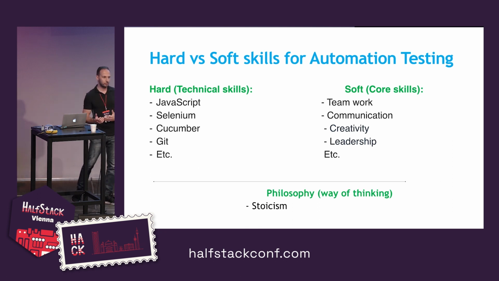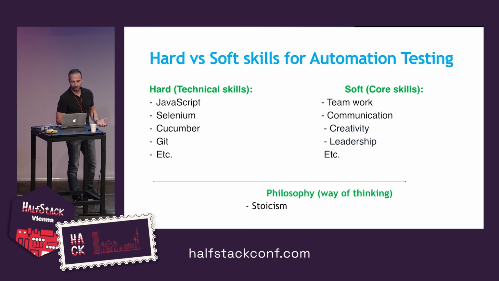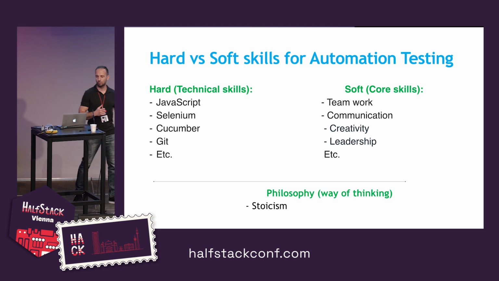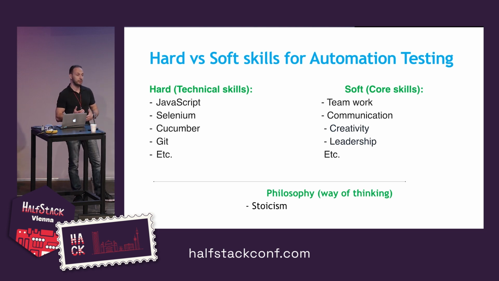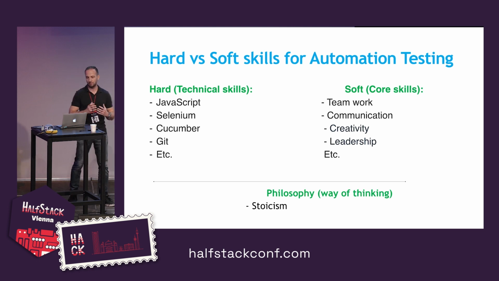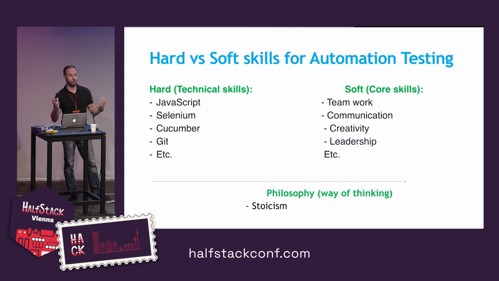On the other hand, we should have good soft skills: be good team players, good communicators, creative, good leaders, and so on. And maybe to join everything together, we could use some way of thinking or some philosophy over it. And here you can use Stoicism, for example.